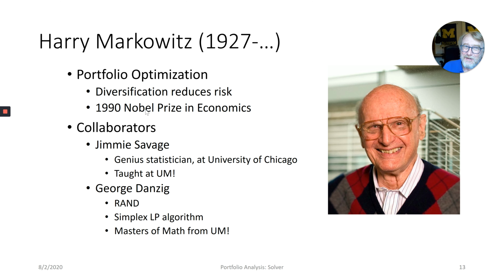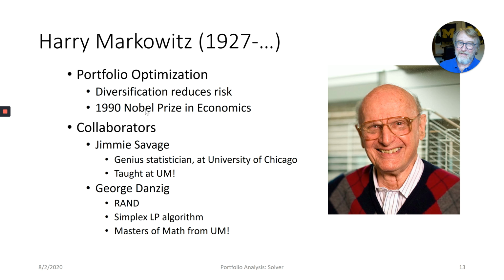He had a couple of collaborators. I knew someone who talked to Harry once, and Harry was very generous and said he talked about these things with Jimmy Savage, who is also at the University of Chicago. Jimmy Savage really is a genius statistician. I'm related to Jimmy Savage because I'm a Bayesian statistician, and he is a great Bayesian statistician.